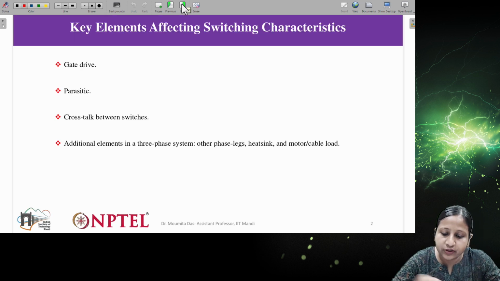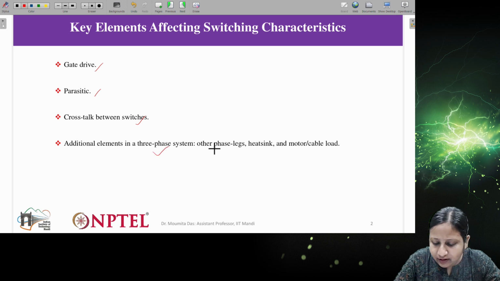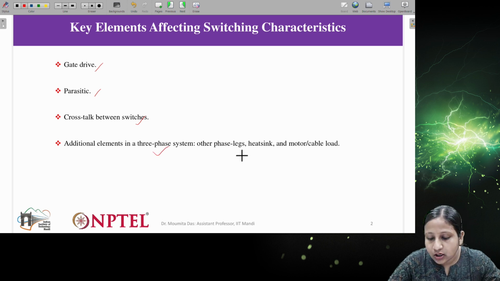As I told in the last class, there are different types of problems which can affect the switching characteristics. The problem can come from gate drive, parasitics, crosstalk, and additional elements. They may not create that much problem, but those can also be part of the switching characteristics effect.